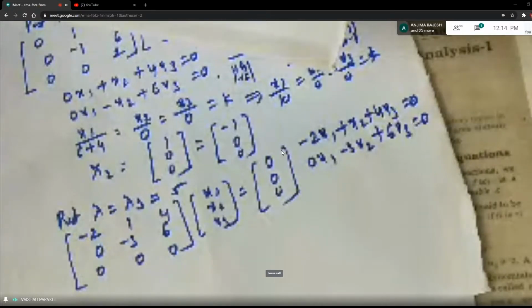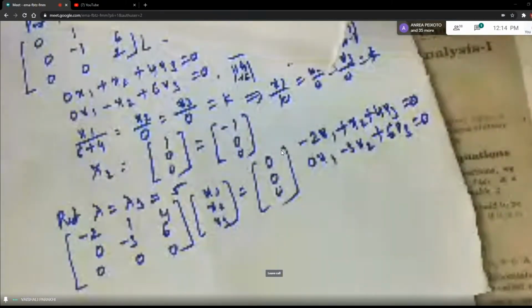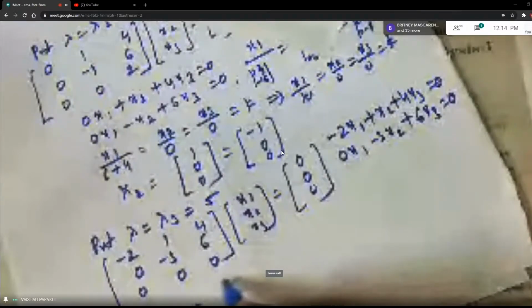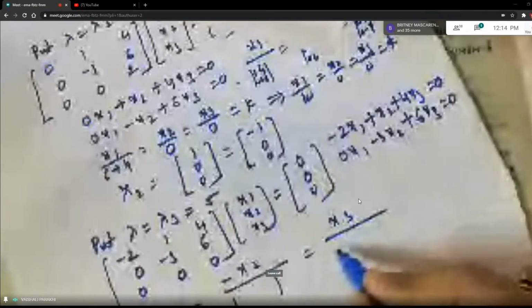You cannot take that equation into consideration. Okay. So the first two equations are clearly different from each other, and therefore take these two equations into consideration. So x1 upon the determinant, minus x2 upon the determinant, x3 upon the determinant is equal to k.